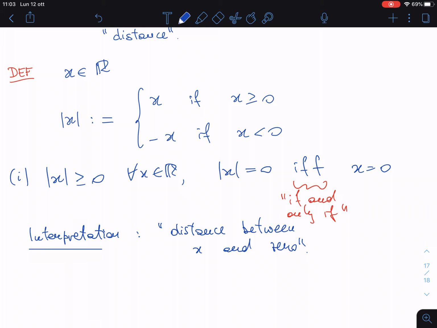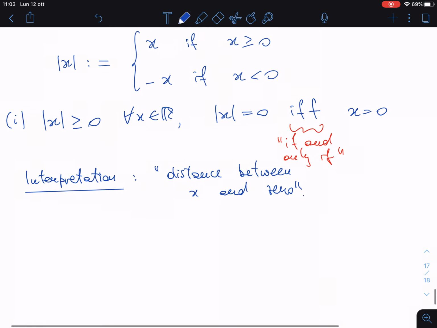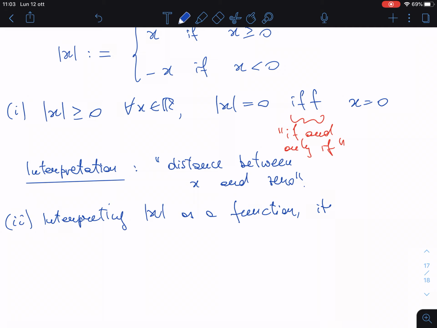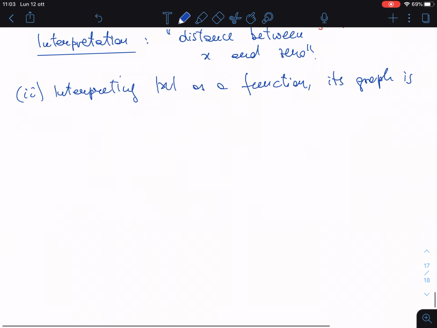So, of course, you can also interpret modulus of x as a function. And as a function, it has a graph. And this is the graph.